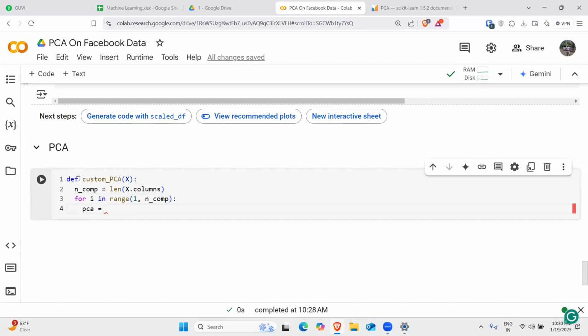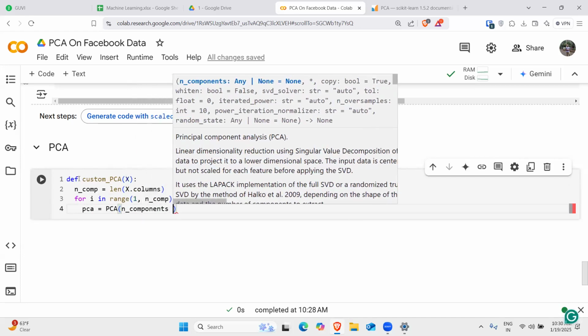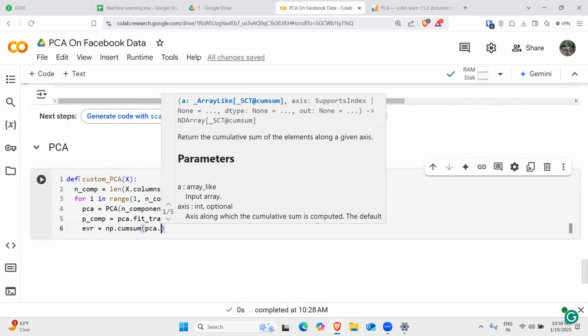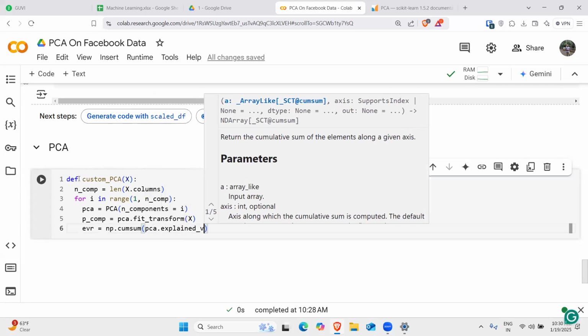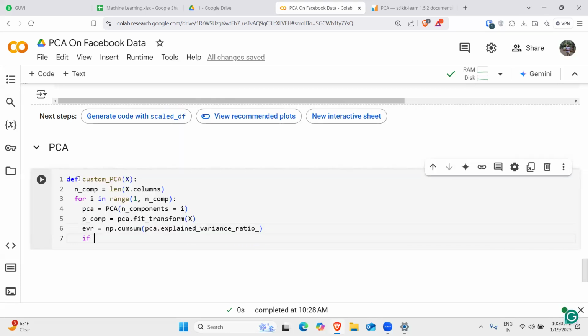small pca = PCA(n_components=i), p_component = pca.fit_transform(X). evr = np.cumsum(pca.explained_variance_ratio_), and if evr[i-1] > 0.9, pcs = i.